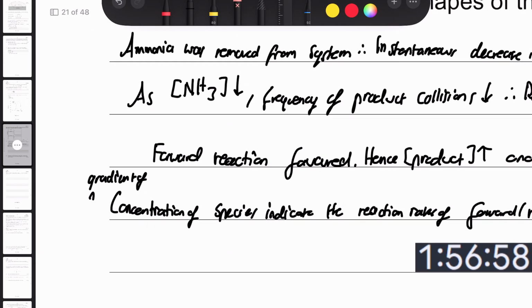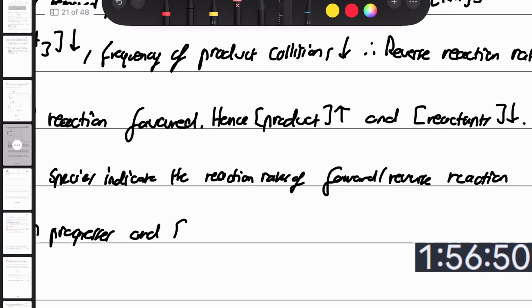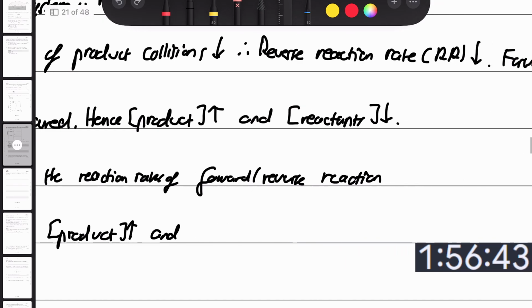And let's say as reaction progresses, the concentration of products increase, concentration of reactants decrease.